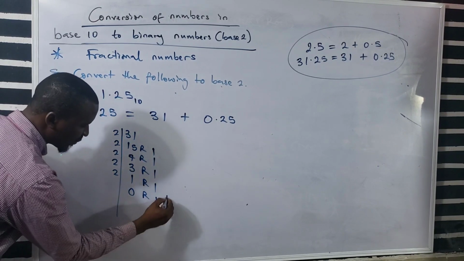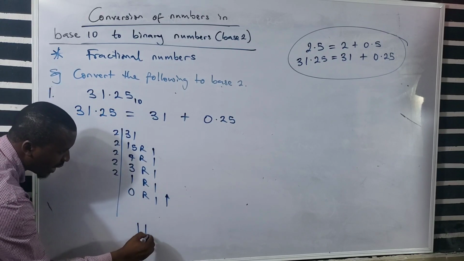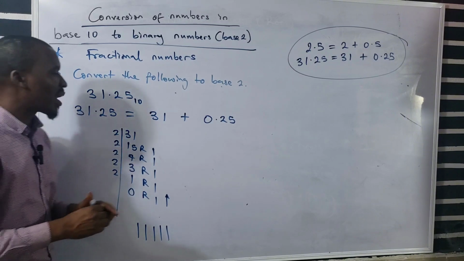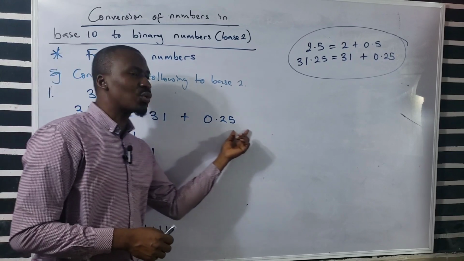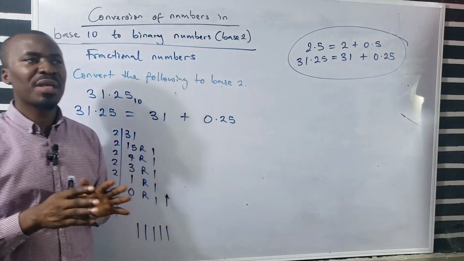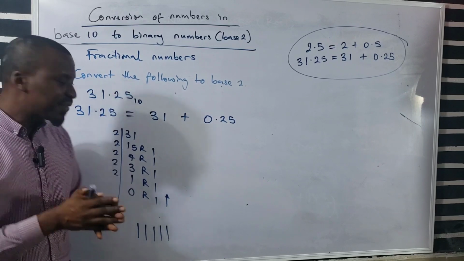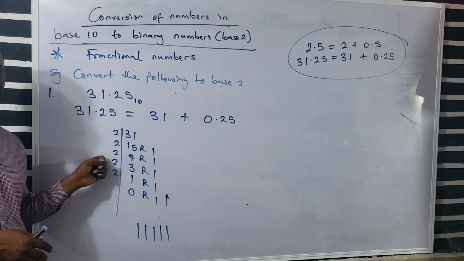So when you take it from the bottom, you are going to have 1, 1, 1, 1, 1. Okay? So we have taken care of the whole number part. Now, what happens to 0.25? The way to convert it is far different from the way to convert the whole number.